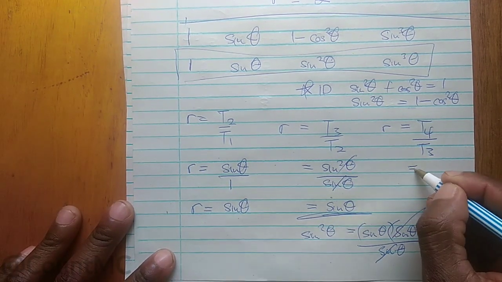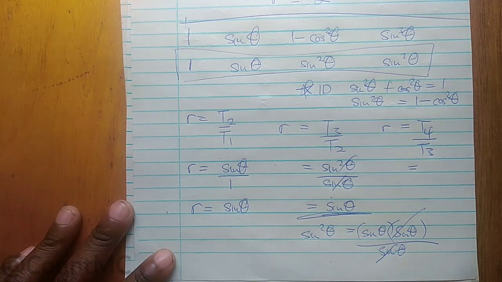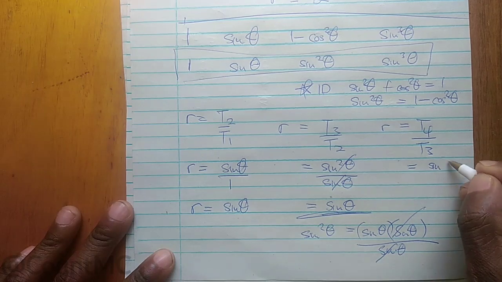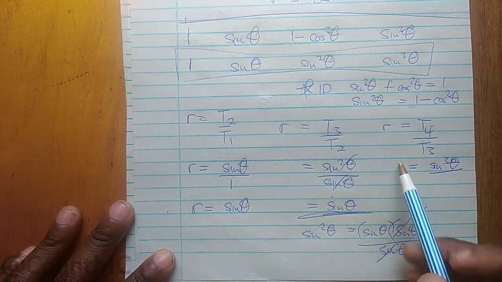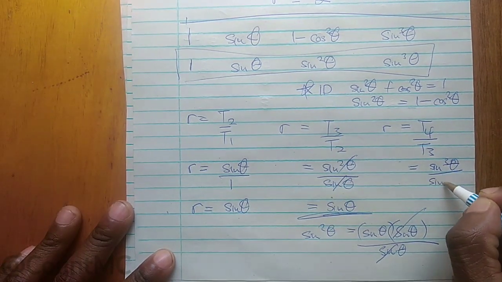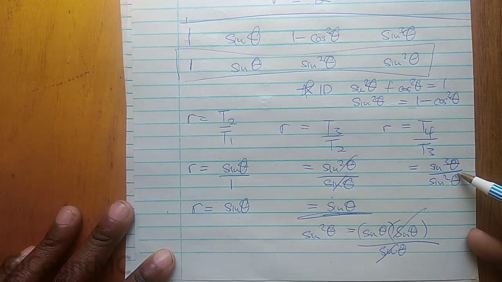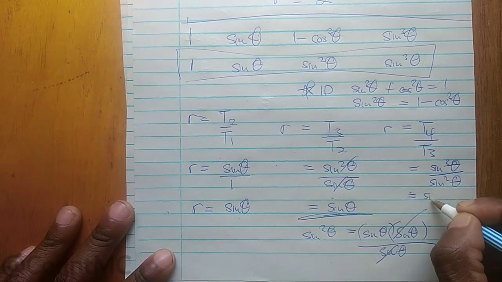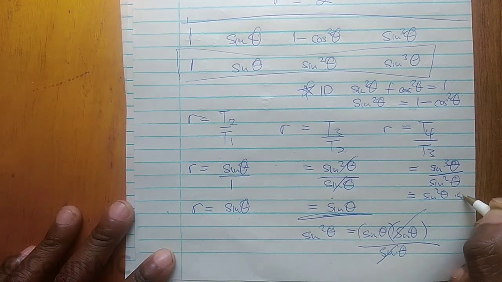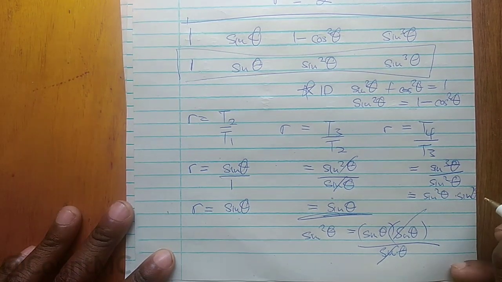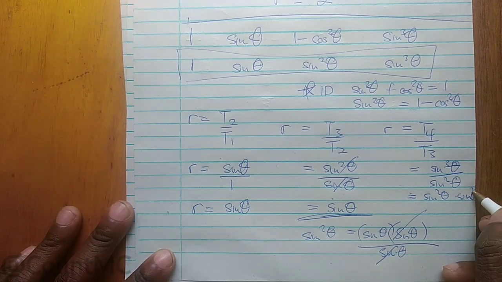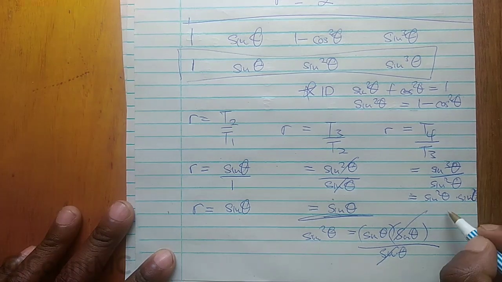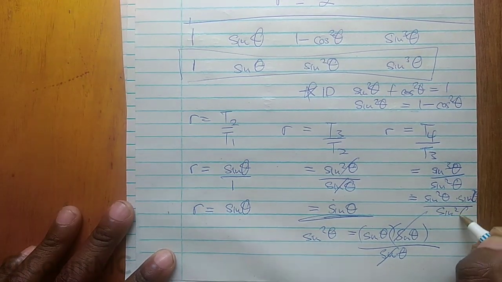So let's continue on this one. Term 4 is sine cubed theta divided by sine squared theta. This is the same as sine squared theta times sine theta, divided by sine squared theta.